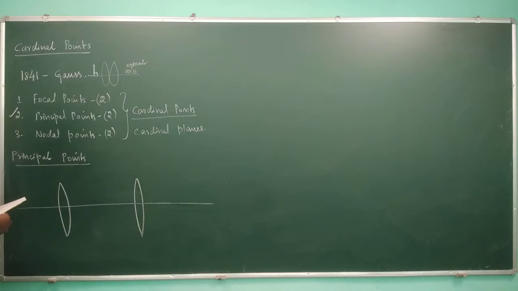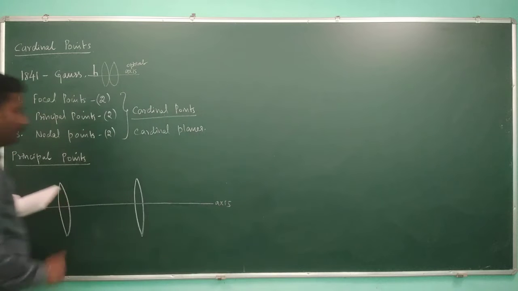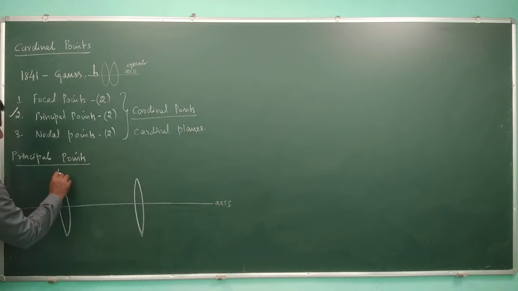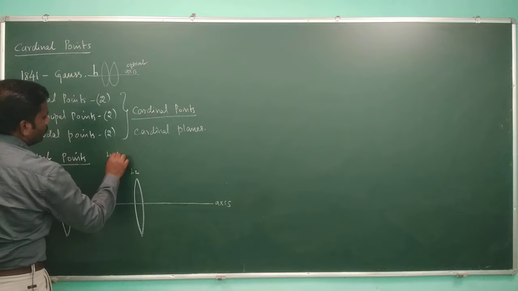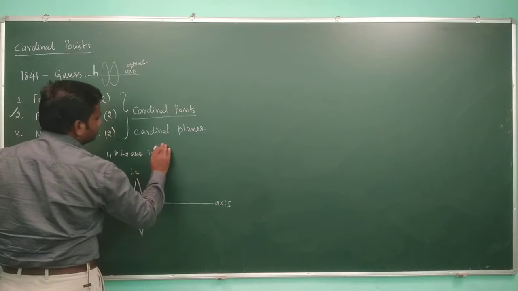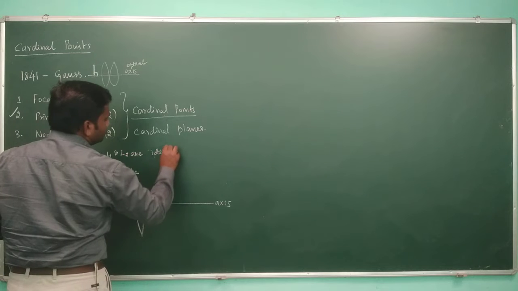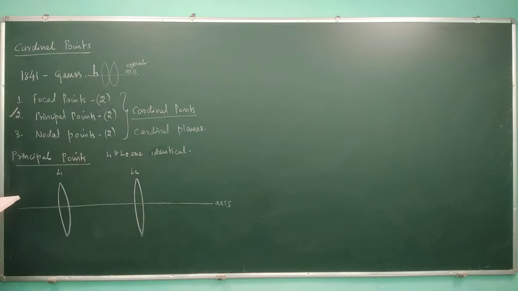Now this is the axis, this is lens 1 and this is lens 2. Lens 1 and lens 2 are identical. These are the assumptions.